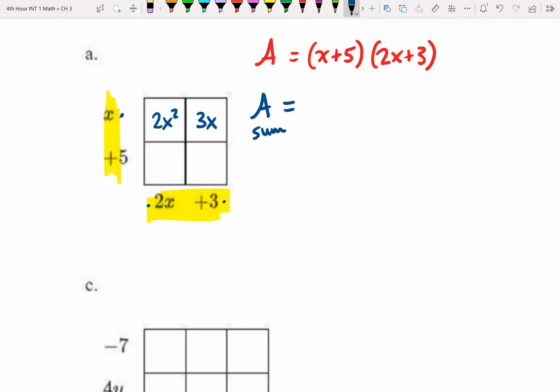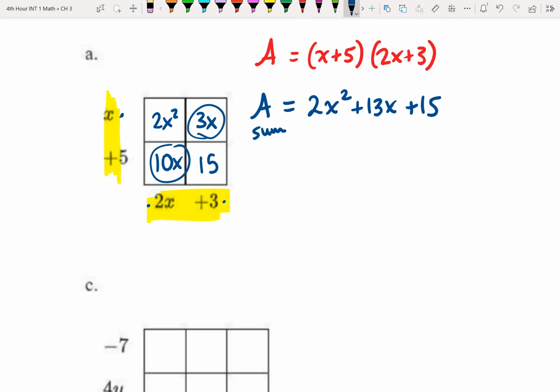Let's go to the bottom row. 5 times 2x is 10x. And 5 times 3 is 15. If we add up those pieces and combine like terms while we do this, like 3x and 10x make 13x, we have the area as a sum of its parts and the area as a product of its dimensions.